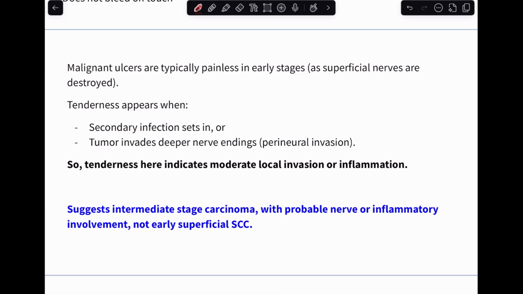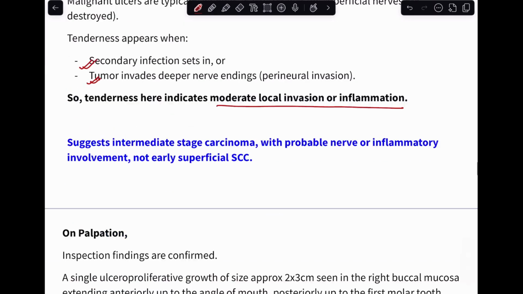Tenderness will appear when either there has been deeper nerve ending or perineural invasion happening because of the tumor, or second, because of secondary infection setting in. So, here, if we are seeing tenderness, that is probably indicating moderate local invasion or inflammation, which points more towards an intermediate stage carcinoma rather than a very early superficial squamous cell carcinoma.